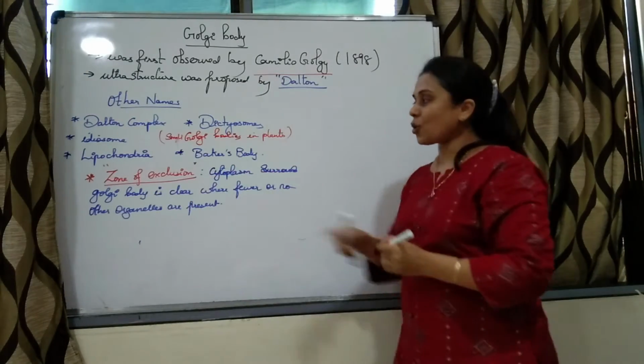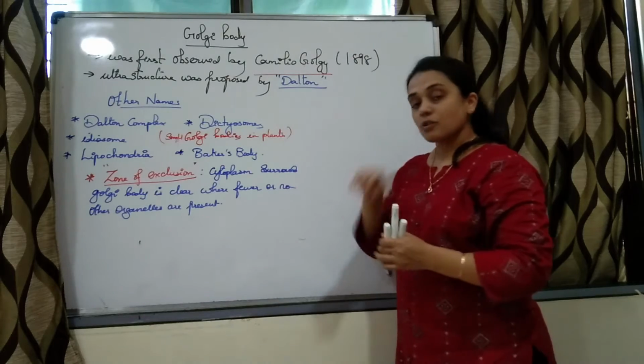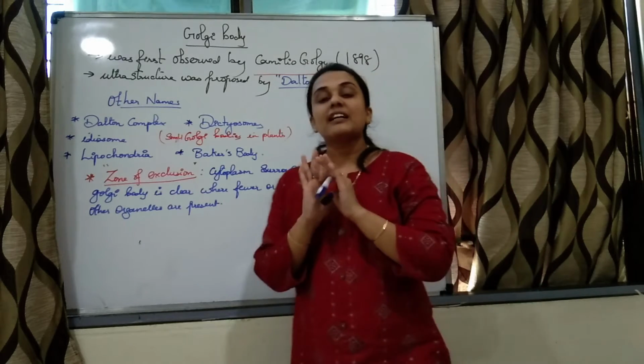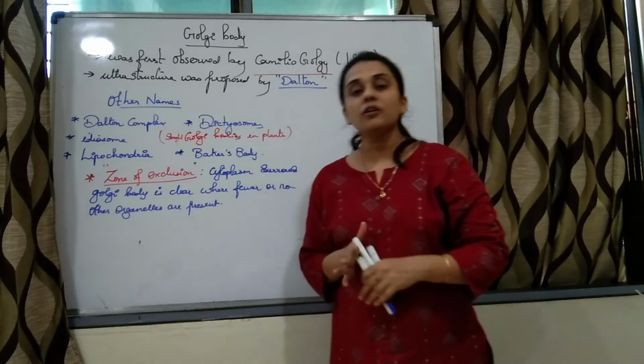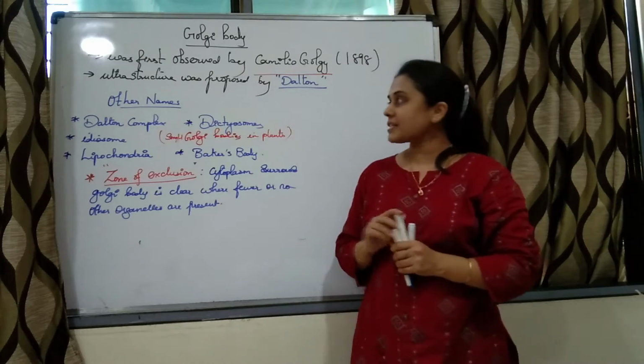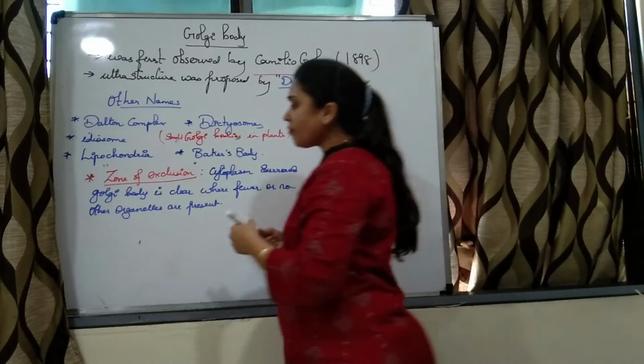And that is called as zone of exclusion, right? So what is zone of exclusion? The clear cytoplasm surrounding Golgi body where fewer or no other organelles are present is called as zone of exclusion.